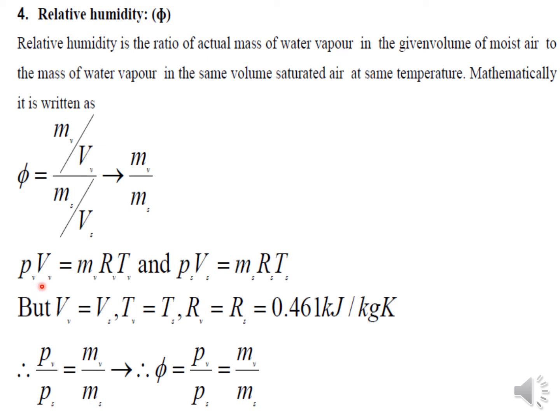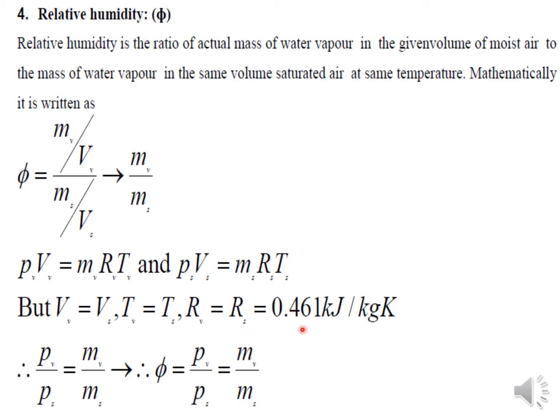Now we have PV is equal to mRT for vapor and PV is equal to mRT for the saturated air. But what is this one? Volumes are the same, temperatures are the same, and Rv here is for vapor and here for saturated vapor. For these two it is the same, 0.461 value, but for Ra it is 0.287.